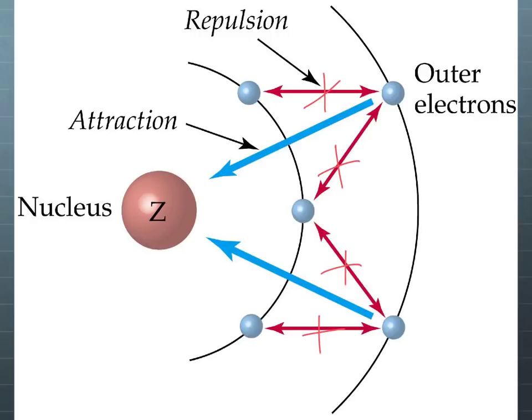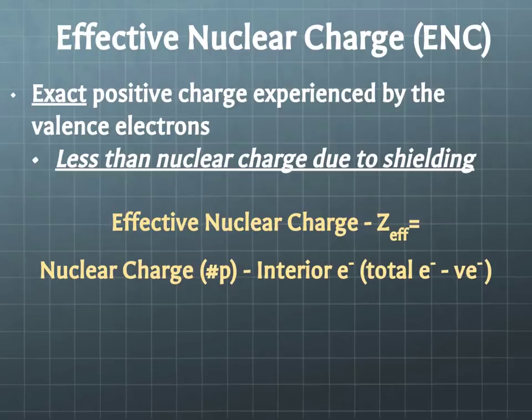They're referring to the cancellation, if you will, of the charge of the nucleus because of the repulsion of the internal electrons. So when you take nuclear charge and combine it with the understanding of shielding, you get what's referred to as the effective nuclear charge. Effective nuclear charge is abbreviated with the symbol Z and then a subscript EFF for effective.